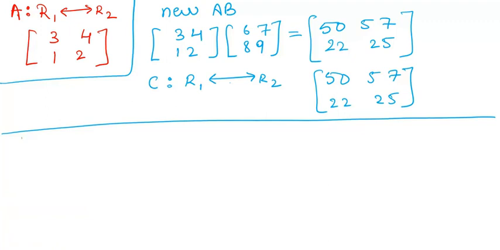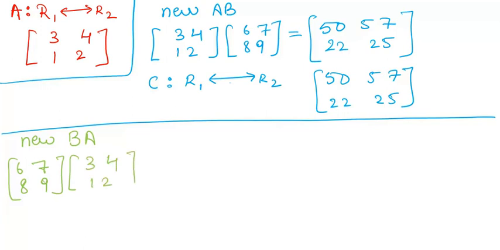Our product BA changes to 6, 7, 8, 9 multiplied by 3, 4, 1, 2 instead of 1, 2, 3, 4. This changes it to 25, 38, 33, 50.